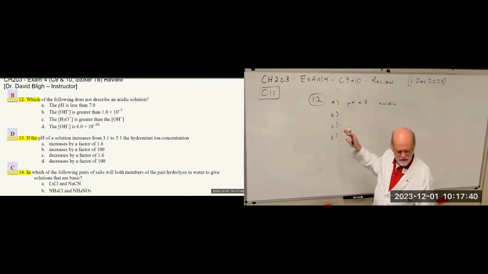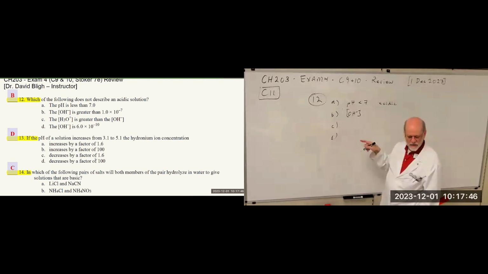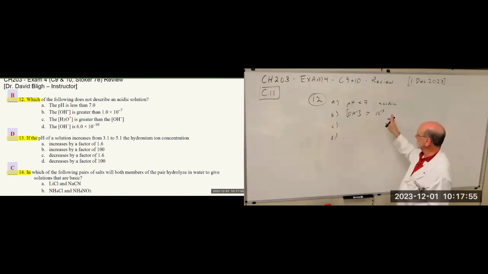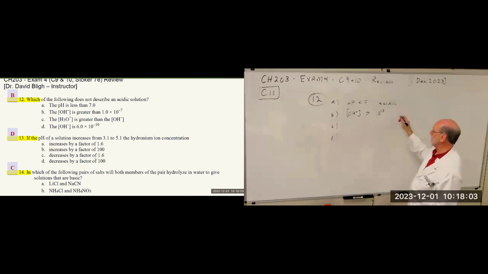The OH concentration is greater than 1 times 10 to the minus 7. If the OH concentration is greater than 10 to the minus 7, which would make it like 10 to the minus 6, 10 to the minus 5, 10 to the minus 4, what happens to the hydrogen ion concentration?